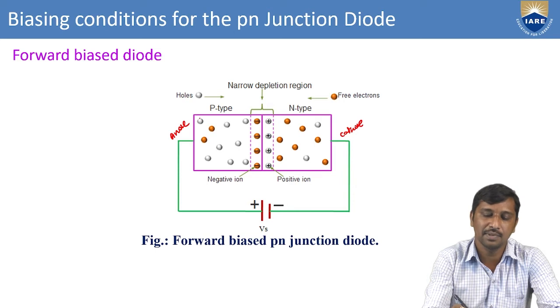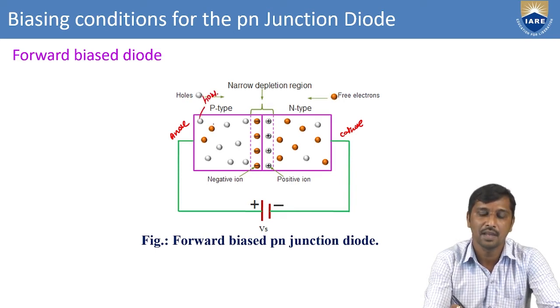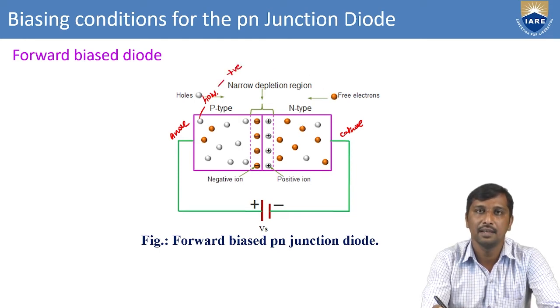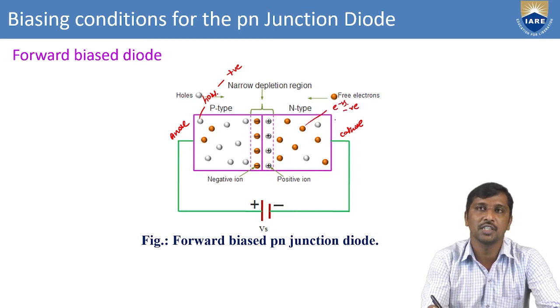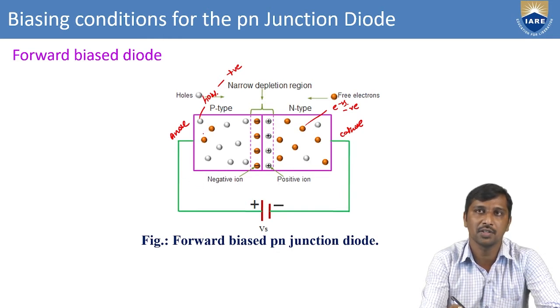Here the P-type majority charge carriers are holes, and a hole is a positive charge particle. Similarly, coming to the N side, the majority charge carriers are electrons, and an electron is a negative charge particle. So for these majority charge carriers on the P side, we are applying positive energy. What happens here?